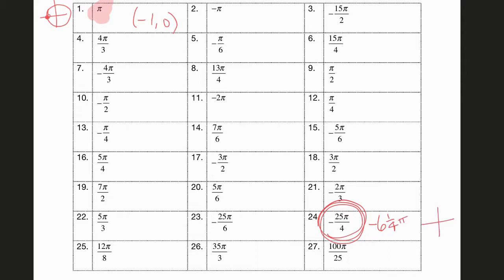So you're going to have to think about, if I'm starting here and I'm going in the negative direction, this is -1, -2, -3, -4, -5, -6, and a quarter of the way more. I'm down here in the 4th quadrant, with the denominator of 4, so that ordered pair is positive rad 2 over 2, negative rad 2 over 2. So that's how you do section 2.